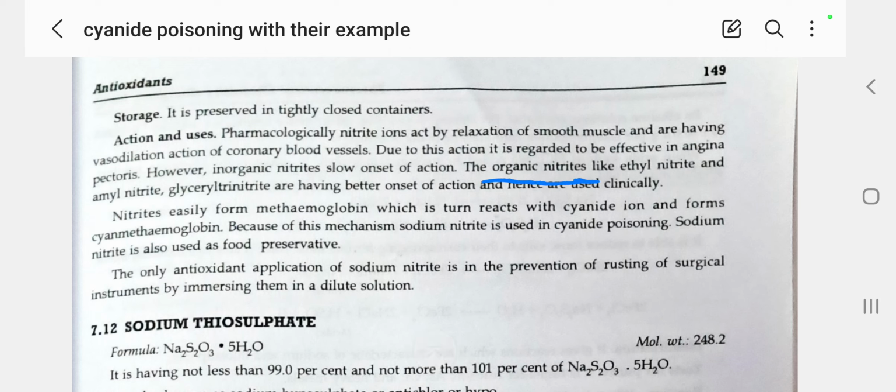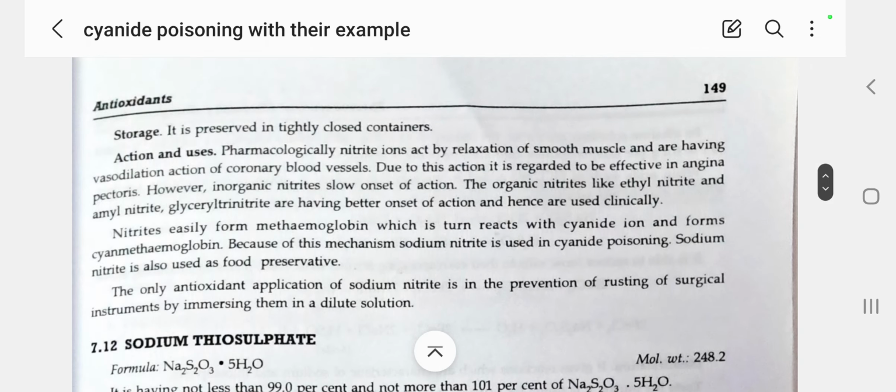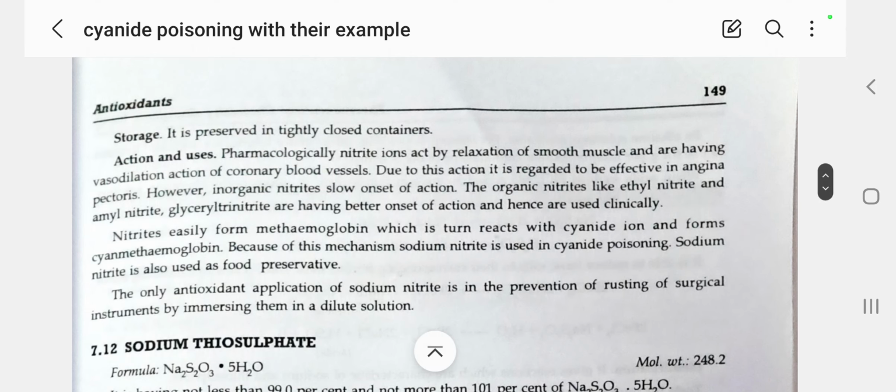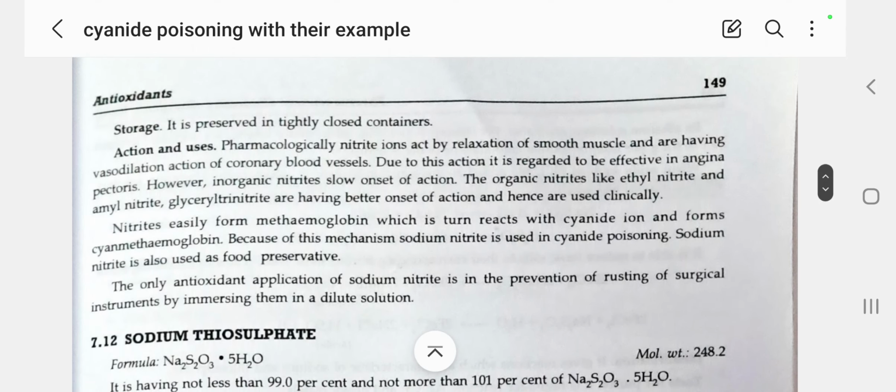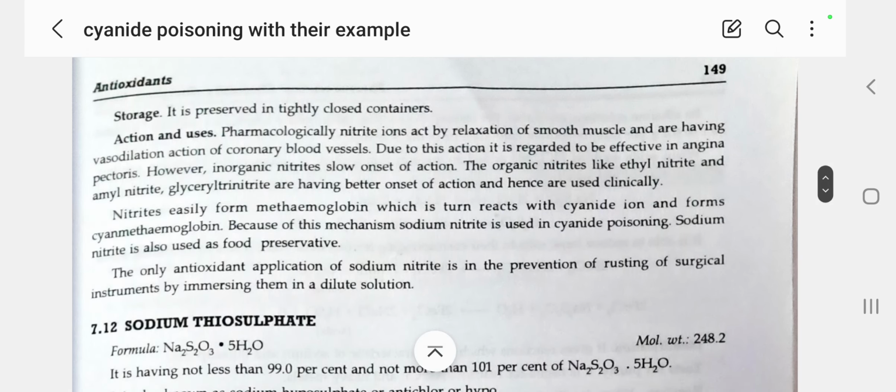Organic nitrites like ethyl nitrite, amyl nitrite and glyceryl trinitrate have a better onset of action, so the start of action is very rapid when compared to sodium nitrite, and hence these are used clinically.